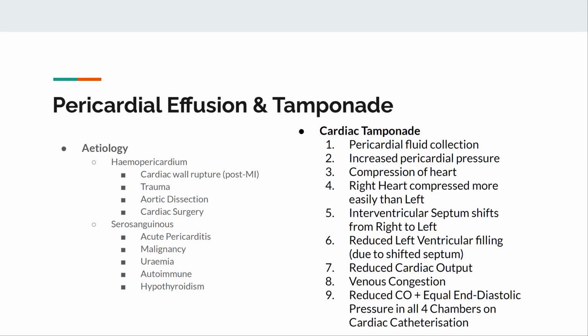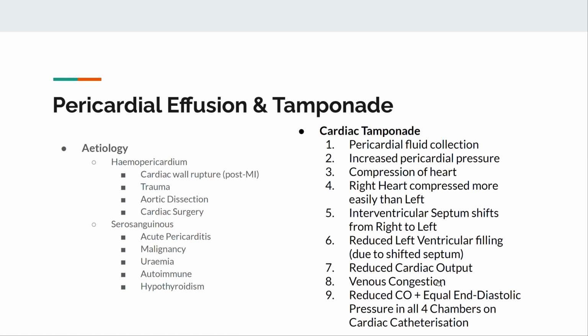And then the right interventricular septum will bulge up into the left ventricle. And then now the size of the left ventricle is significantly reduced. So the end diastolic volume of the left ventricle will be reduced. The stroke volume will then be reduced, and so the cardiac output is reduced. You then get venous congestion, so it looks like you're in acute heart failure, as well as a massive drop in cardiac output, which can kill you when you stop perfusing the brain.